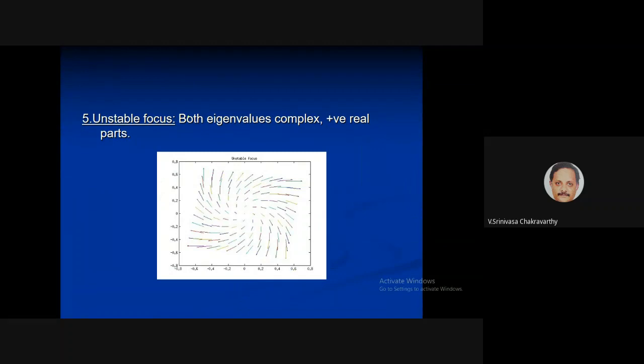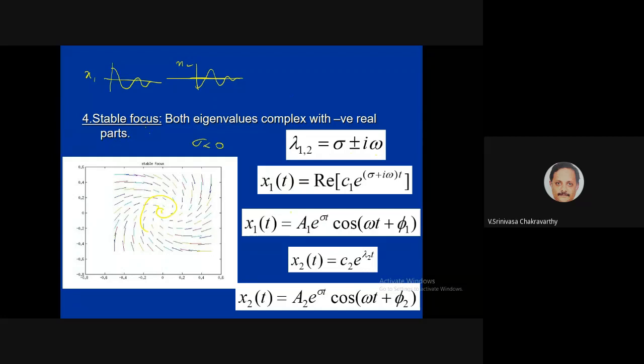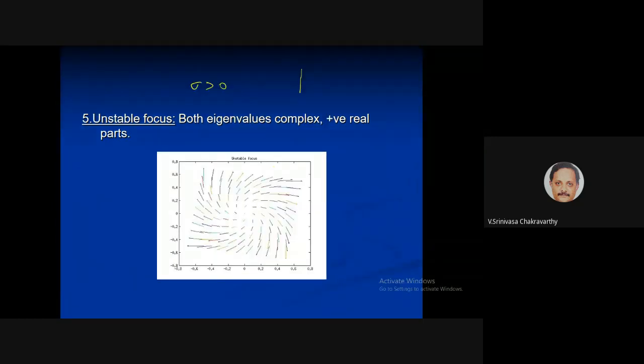The opposite happens when the real part is positive, that is, sigma is positive. In this case, it will be just the same as before, but the amplitude is now positive and it will explode. It will grow exponentially. Again you will have two sinusoids, but this time exponentially increasing sinusoids.